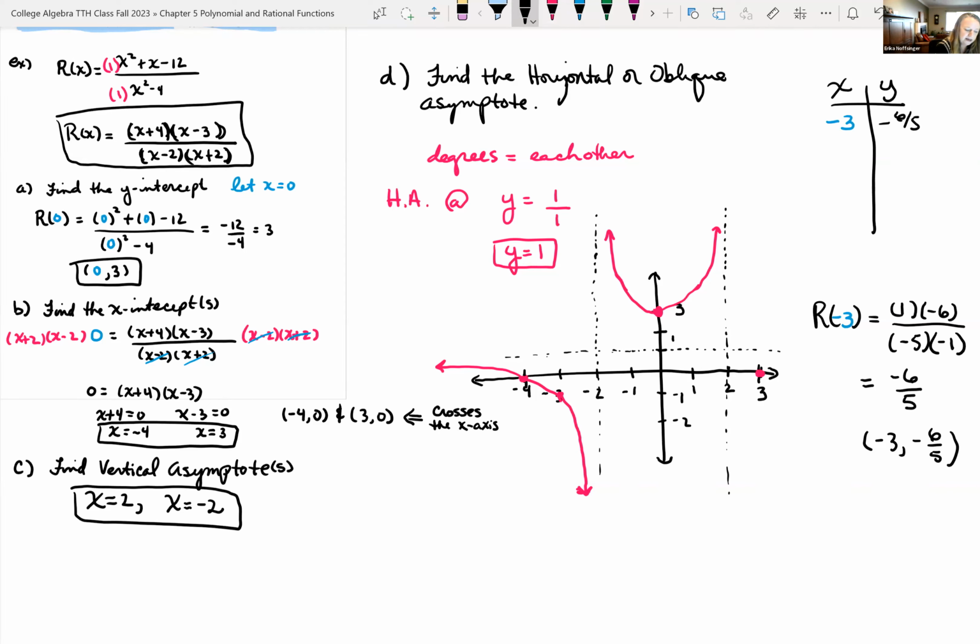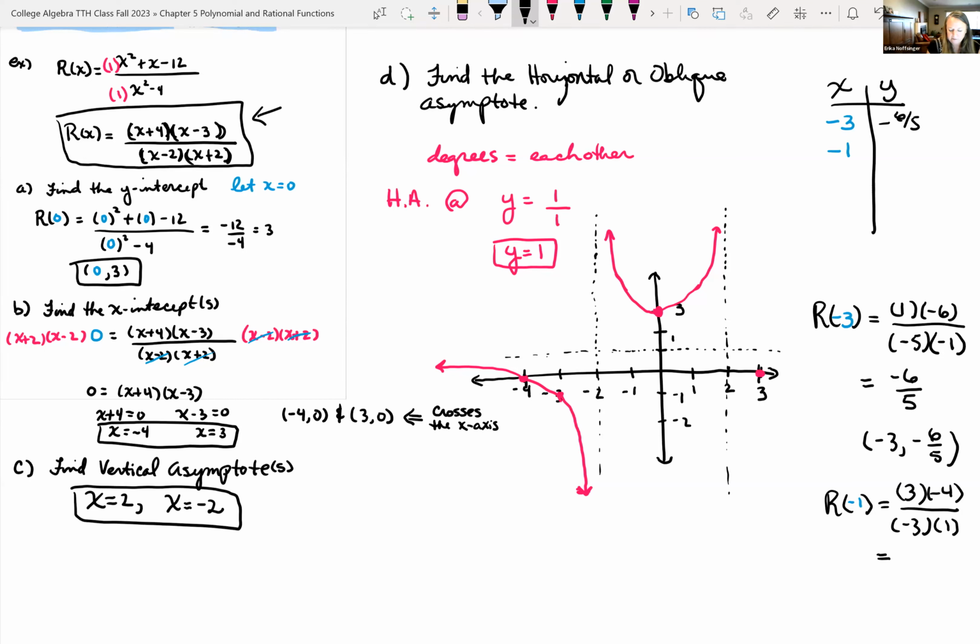So maybe I could plug in x equals -1. So if I look at r of -1, I would have -1 plus 4, so that would give me 3, all times -1 minus 3, which is -4, all divided by -1 minus 2 is -3, and -1 plus 2 is 1.